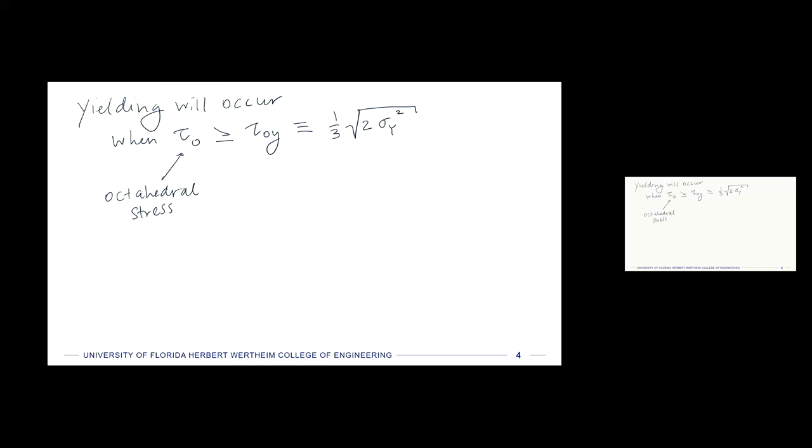And so this octahedral stress, it's kind of an effective stress. This comes from the von Mises failure criterion, if you remember that from other classes. And so our tau naught, this octahedral stress, has a definition of 1/3 times the sum of squares of the difference of the principal stresses. So I'll write that down. So it's kind of like what we were working with before. So sigma 1 minus sigma 2 squared, and then sum onto that, sigma 2 minus sigma 3.